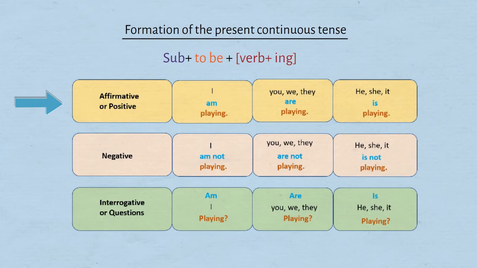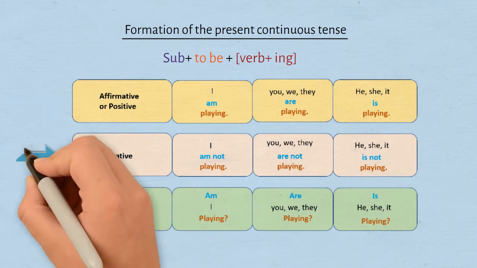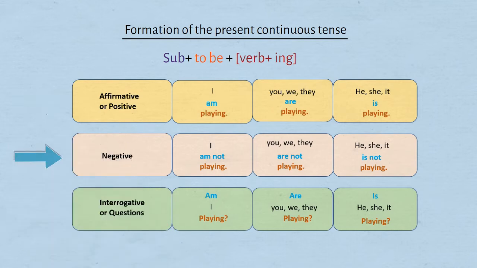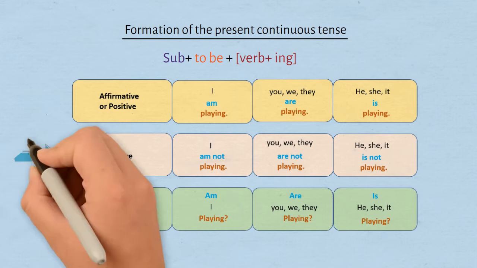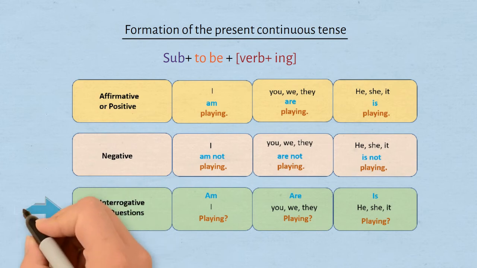I am playing, you are playing, they are playing, we are playing, he is playing, she is playing, it is playing. Negative sentences: I am not playing, you are not playing, we are not playing, they are not playing. He is not playing, she is not playing, it is not playing.